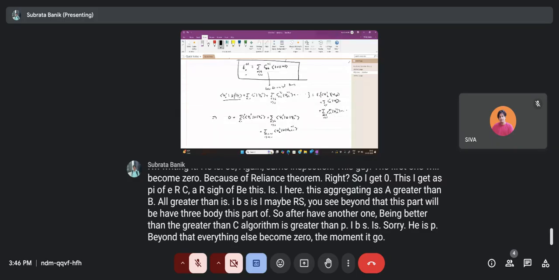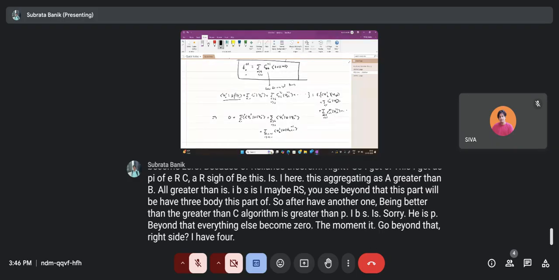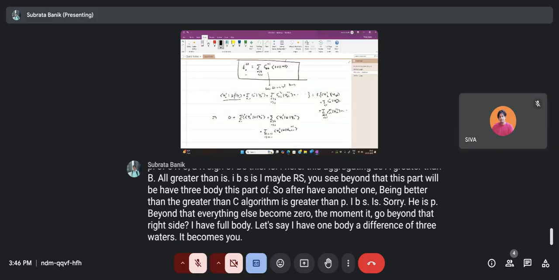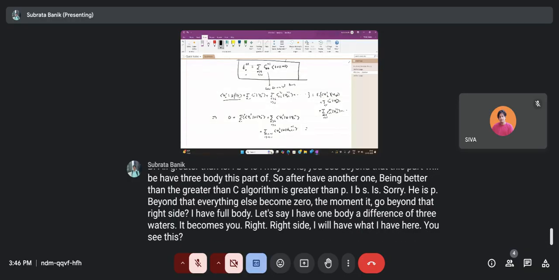The moment it goes beyond that, on the right side I have four body, on the left side I have one body, a difference of three bodies. It becomes 0. Right? You see, this will become 0 because of orthogonality.